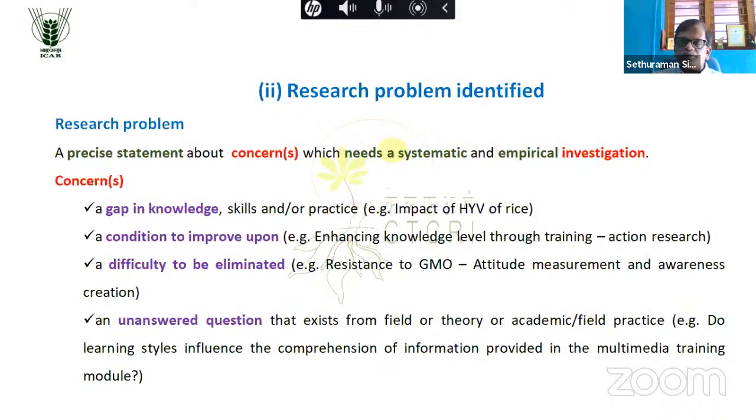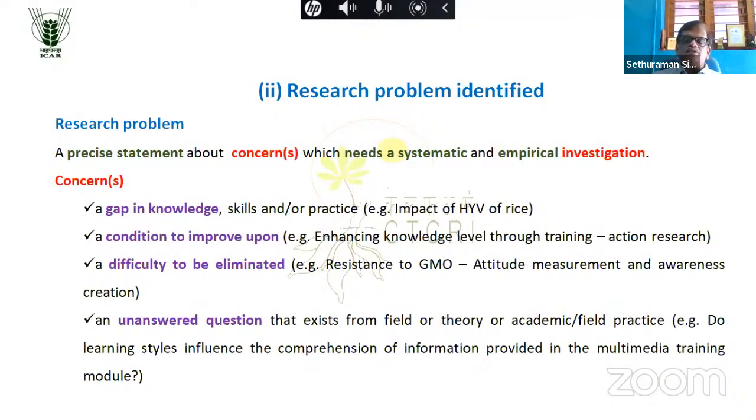Whether it is because of poor knowledge or lack of awareness, or due to some other reason, like social taboos, all the information will be there in your PhD thesis. That information can be used by your HOD, your dean or your director of research, so that they can conduct a training program and the resistance towards some technology will be reduced.